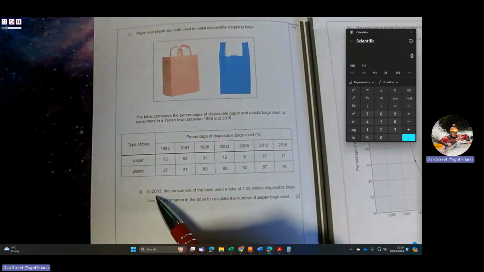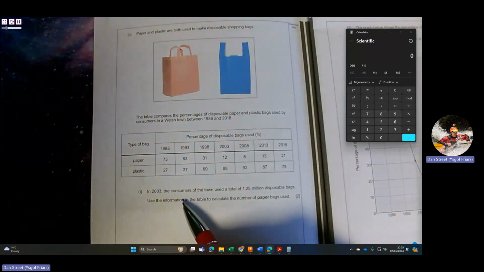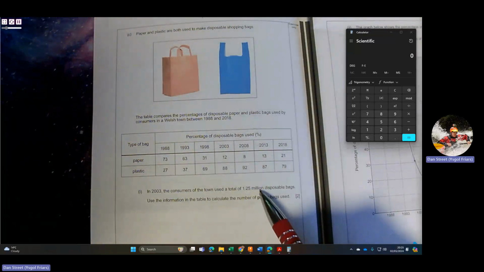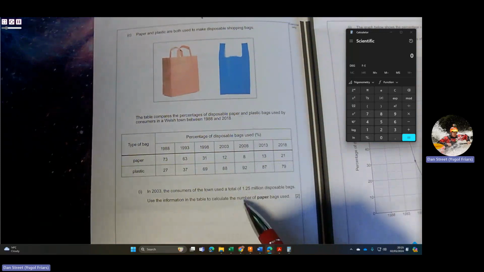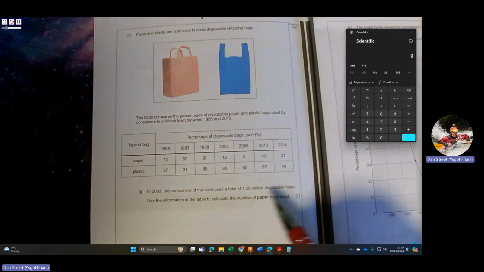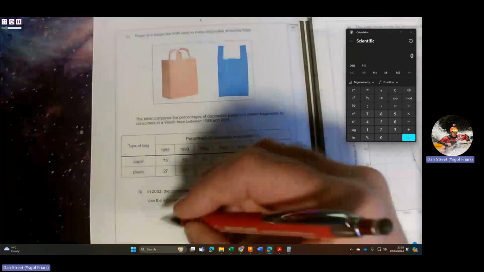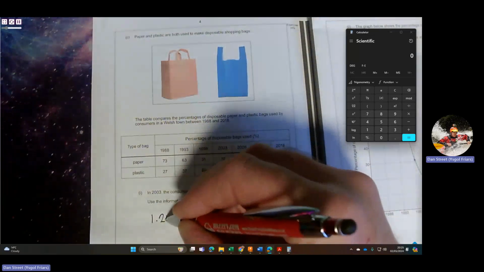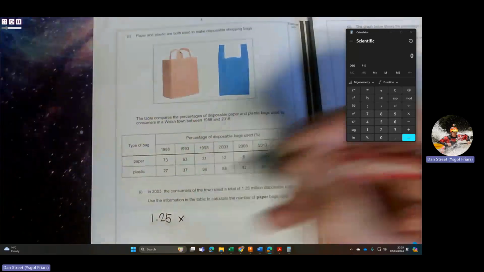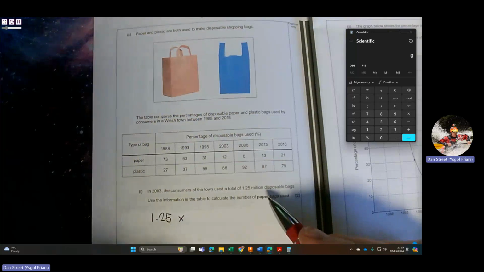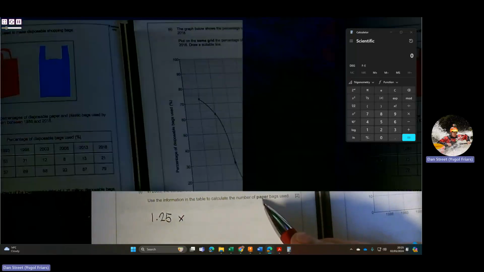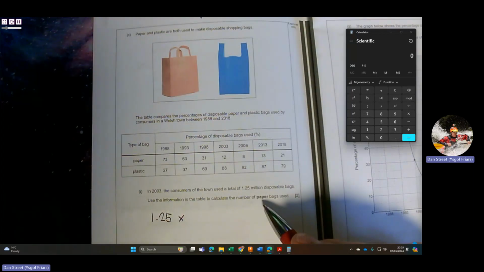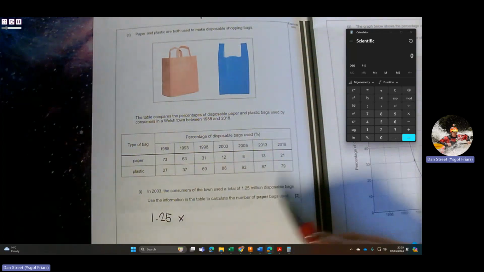Okay, so in 2003, the consumers of the town used a total of 1.25 million disposable bags. Use the information in the table to calculate the number of bags used. Okay, so if we take 1.25 million and we multiply it by the percentage of paper bags, that will give us how many actual paper bags were used, because the disposable bags include both types of bag.